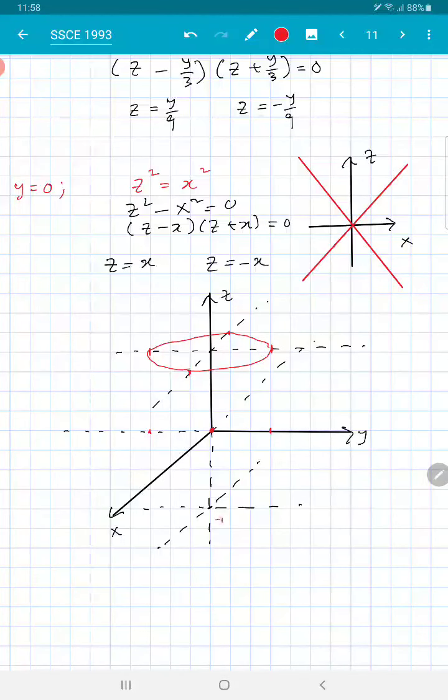So this is z equals -1, same size ellipse, so it goes through here, here, and here, and here. Okay, so we have another ellipse on z equals -1. Well, hang on, let me sketch it prettier, I hope.